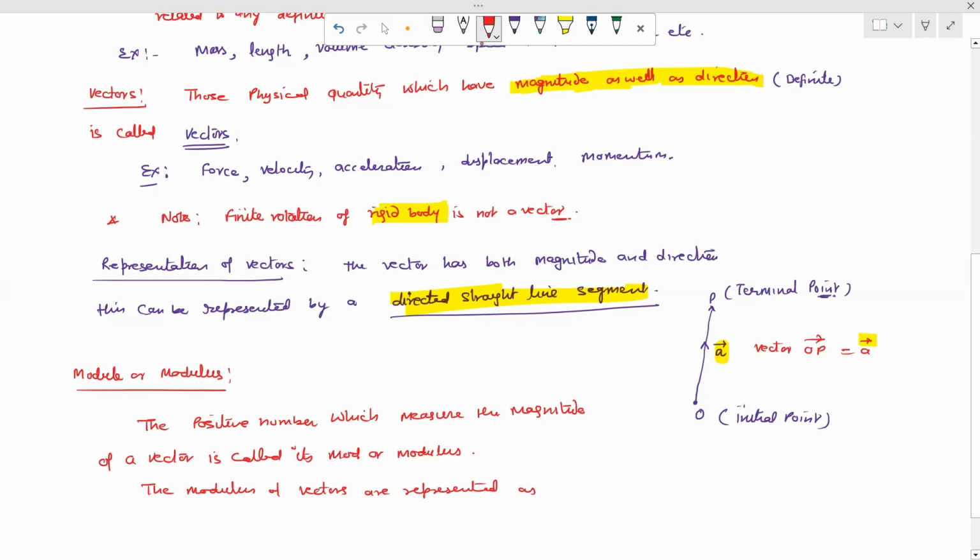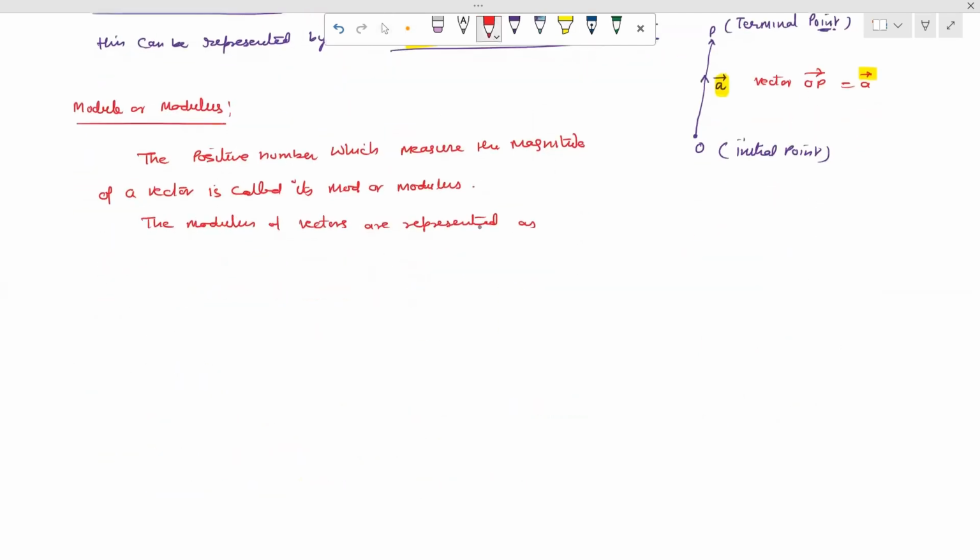So when we have vector A, its modulus we can represent as mod A. Let A be the vector, then the modulus of vector A is denoted as modulus of A. Modulus is always a scalar quantity.